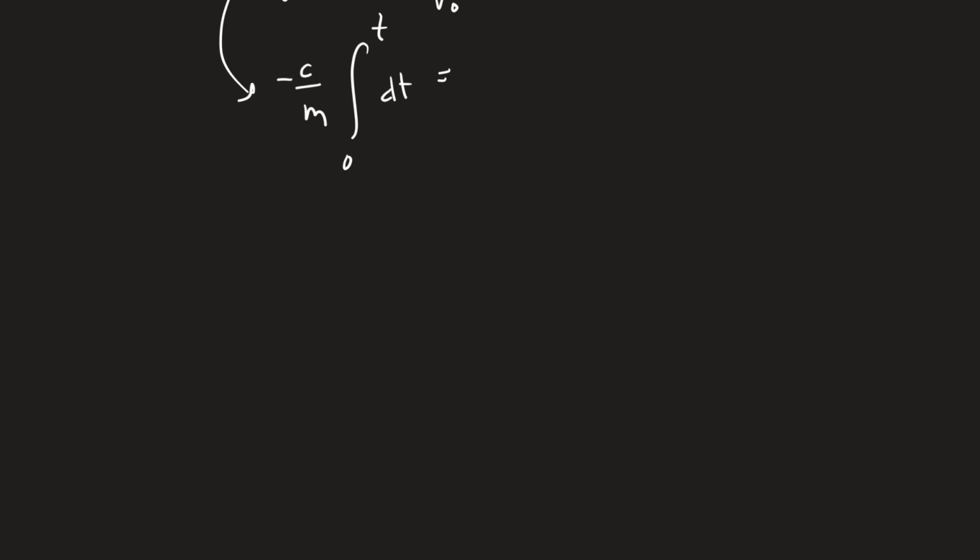In this case, there's an implied t to the 0 power there. So I add 1 to that exponent and divide by the new exponent, and I'll just get t. So this is going to be c over m t evaluated from 0 to t. Evaluating this from 0 to t just means putting in the top boundary and subtracting the bottom boundary. So this is c over m times t minus 0. But I'm going to leave out the minus 0 if that's all right with you guys.